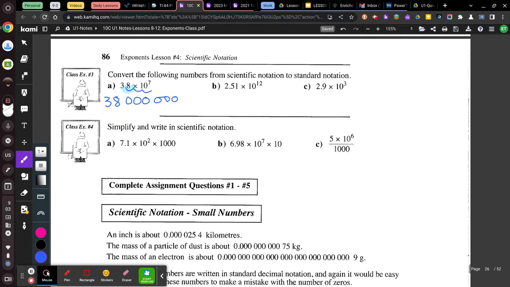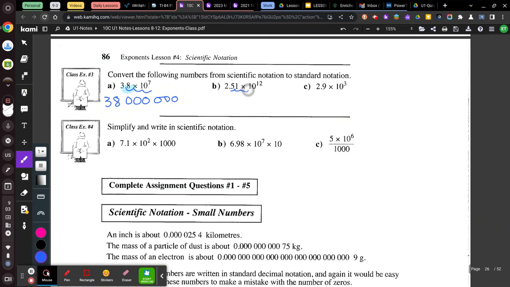Okay, the next one. We need to move it 12 places. So if I move it 12 places, first of all, I've got to move it 2 places to get rid of that decimal, and then it's going to have zeros at the end. So if I've moved it 2 places, that's 2 out of the 12. How many other places do I have to move it? To make 12 places, if I've already moved it 2, I have to move another 10 to make 12 spaces.